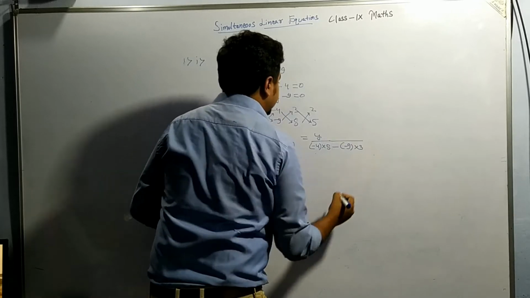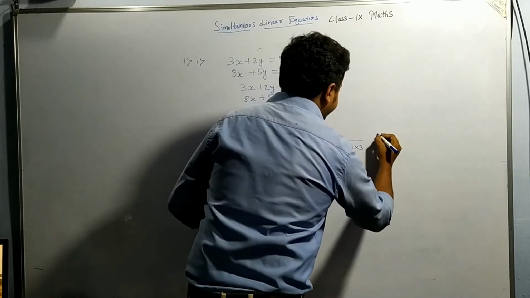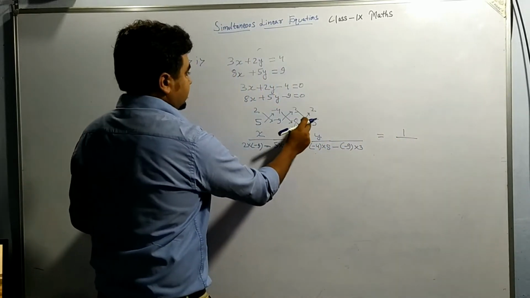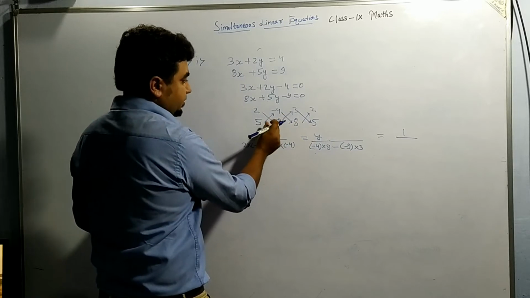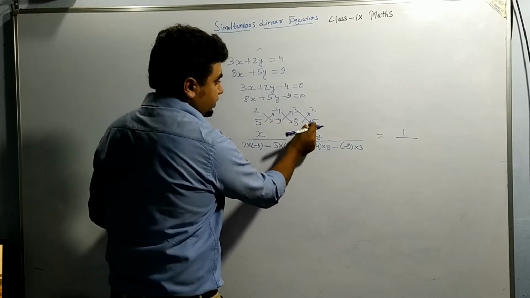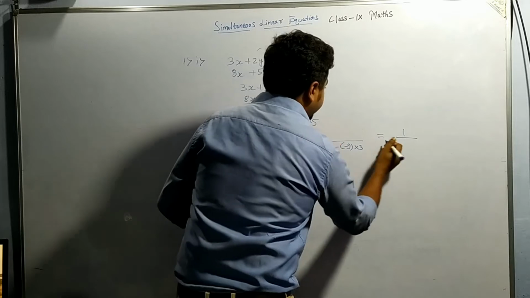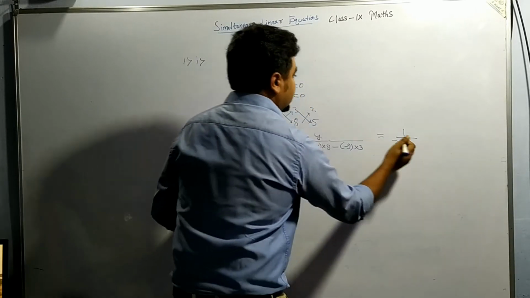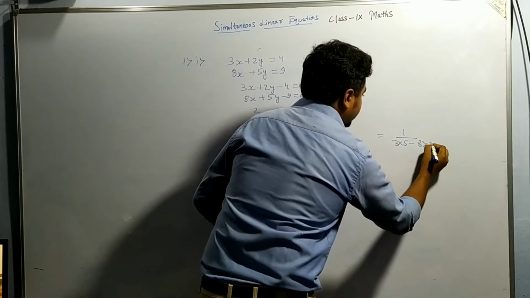This is one of the terms. And then 1 by this term, 3 into 5, then minus sign, 8 into 2.